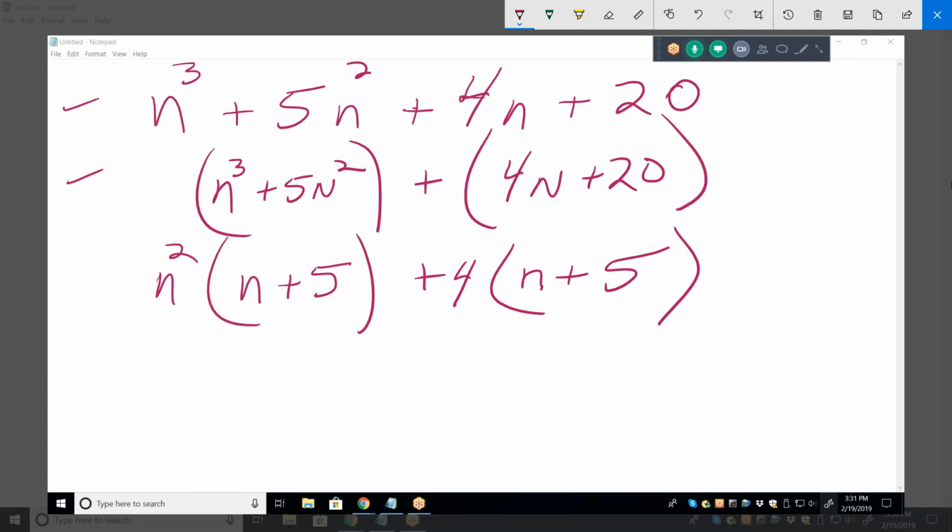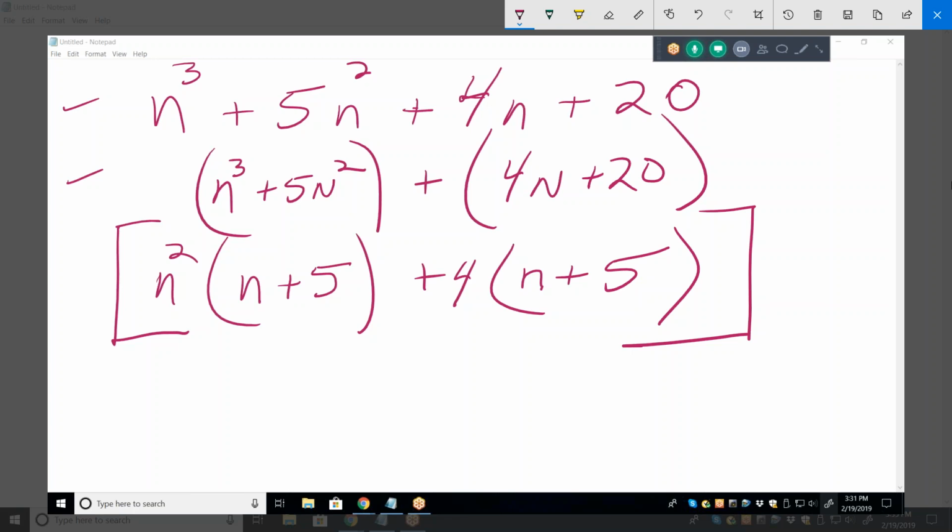Now, the next step is a step you've probably never taken before. But it falls in the category of greatest common factor. If I want to factor something out of that expression, what is the greatest common factor? It's not easy to see because you're used to always having the greatest common factor be a monomial term.